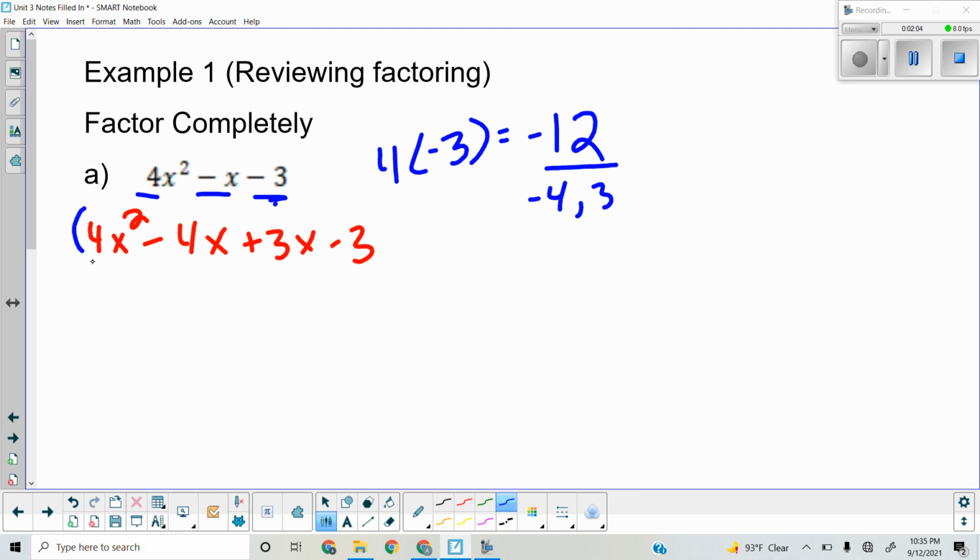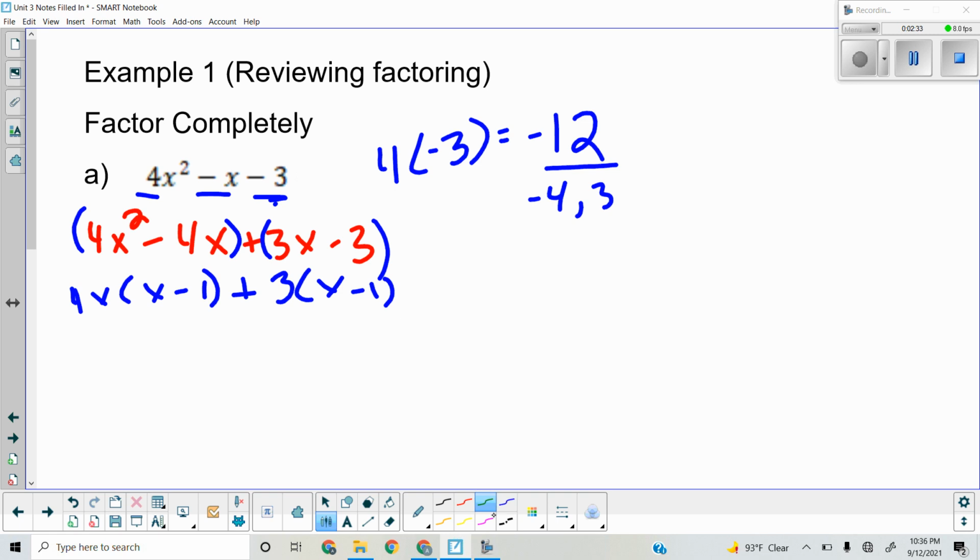Then we group, factor out our GCF, 4x, so we're left with x squared... so we're left with x minus 1 plus, we can take out a 3, and we're left with x minus 1.